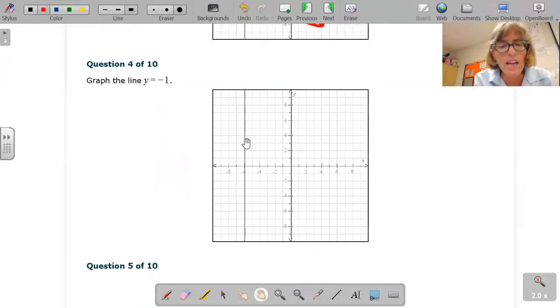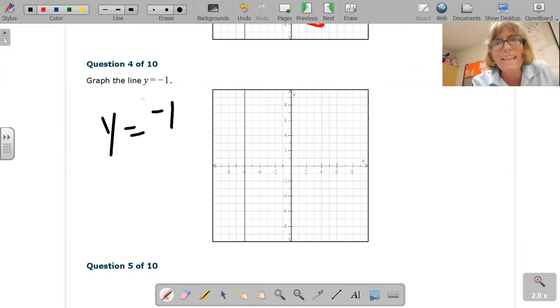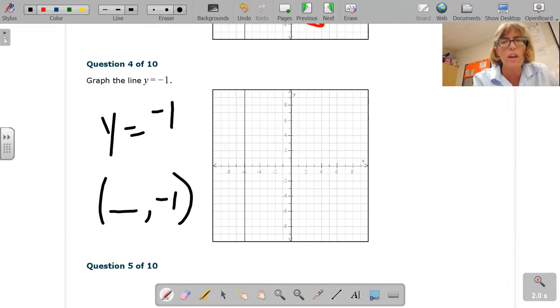Graph the line y equals -1. Y equals -1 is all the points where you have something, comma, -1. All the points where y is -1. So the easiest way is just to do a bunch of points: something, -1.